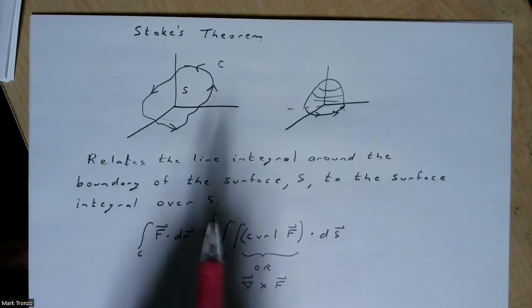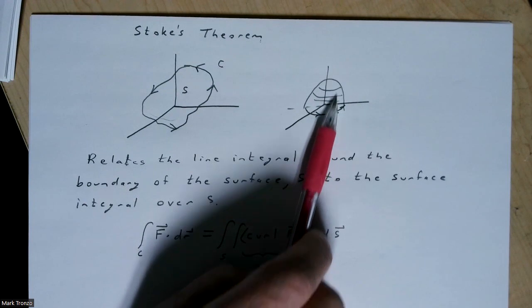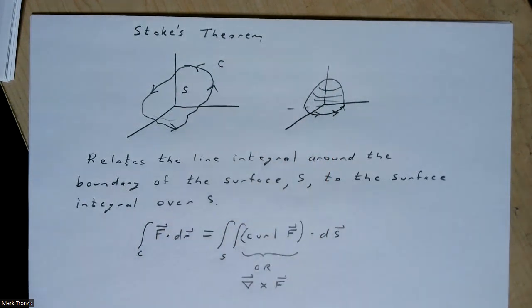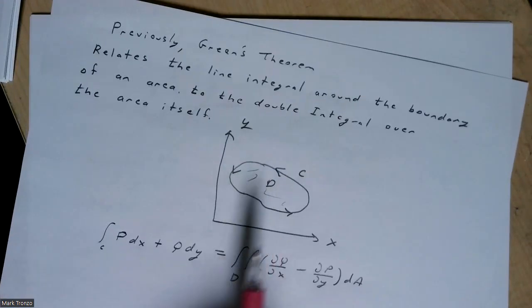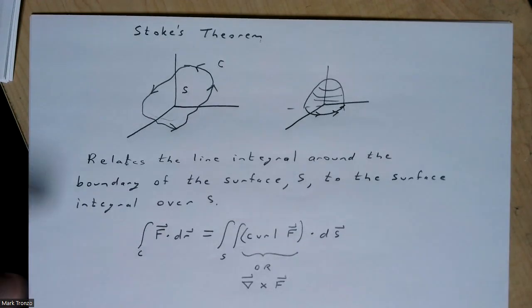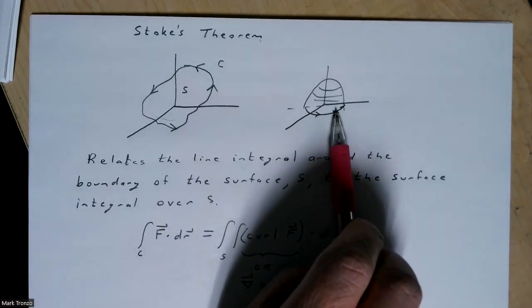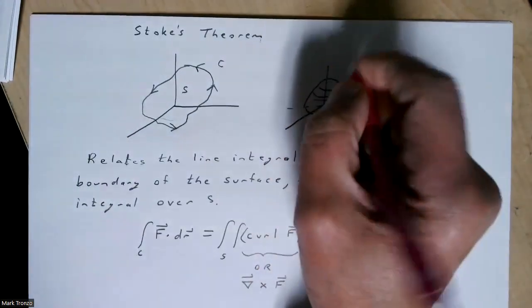So you can almost think of it like Green's theorem, where that area in between is pushed upward, and instead of being in 2 dimensions, it's in 3 dimensions. So you have this surface here.